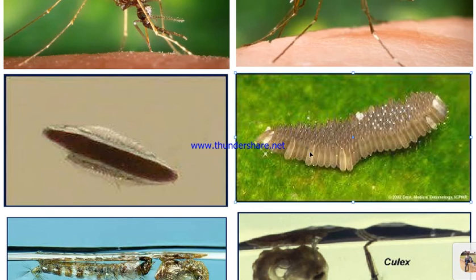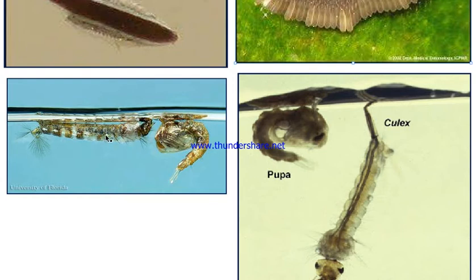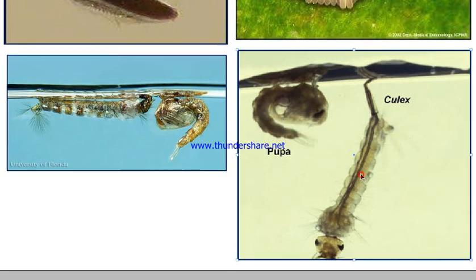Anopheles larvae feed on microorganisms which grow on the surface of water, and Culex larvae feed on microorganisms which grow at the bottom of the water.